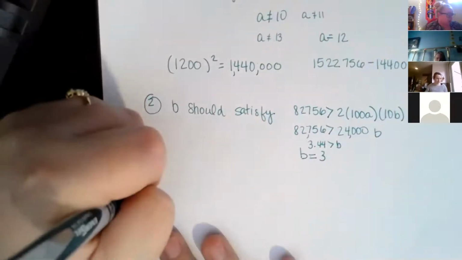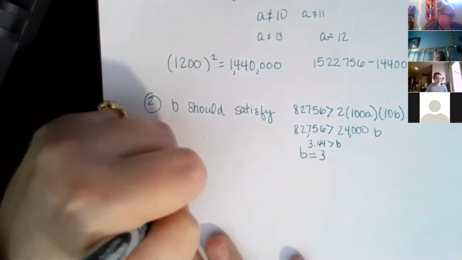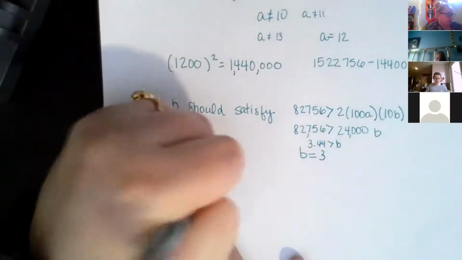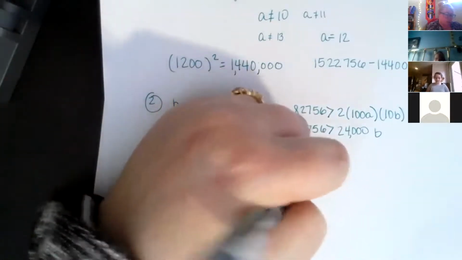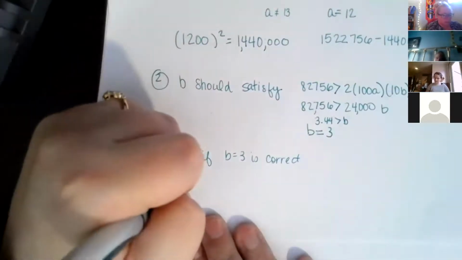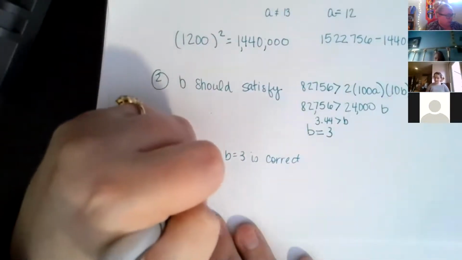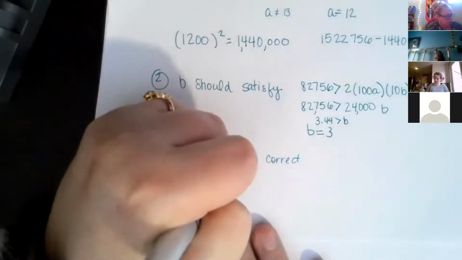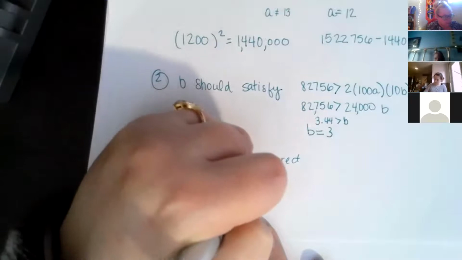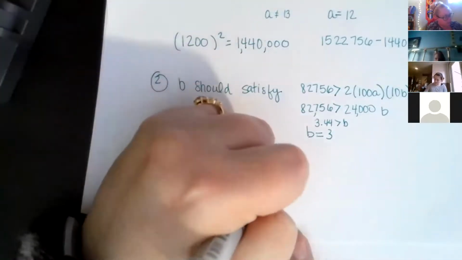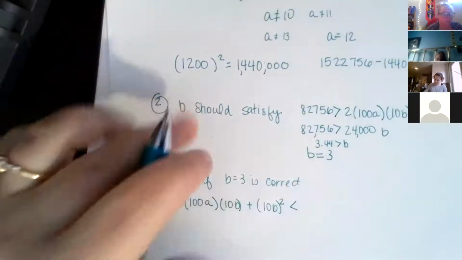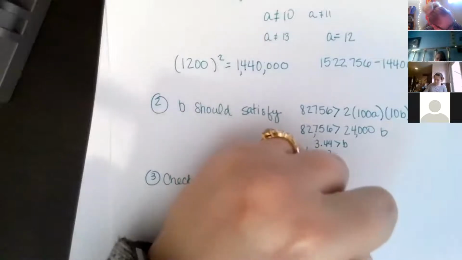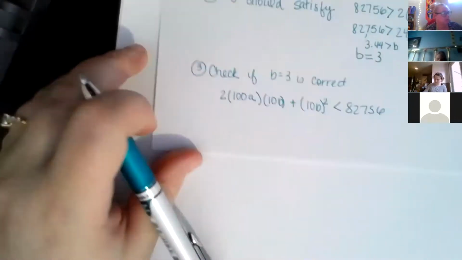Now let's check if B equals 3 is correct. So we want to check 2 times 100A times 10B plus that 10B squared needs to be less than that difference we found, 82,756. Otherwise, we'll have to adjust.